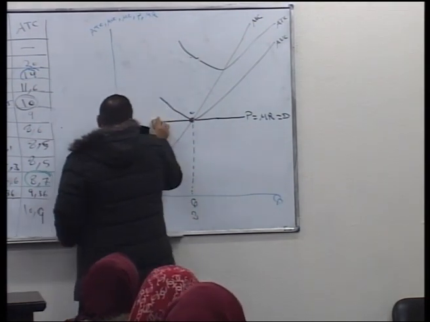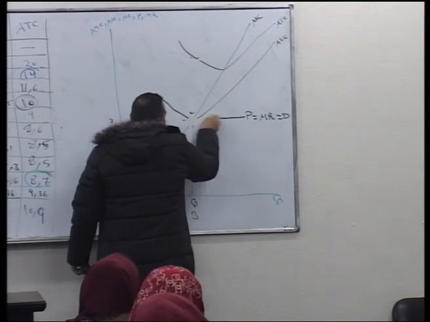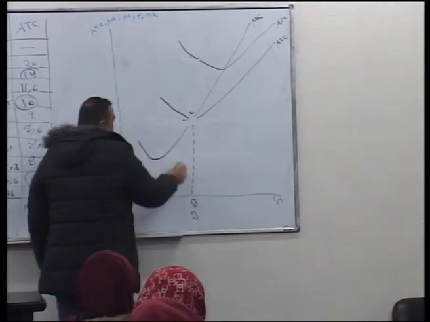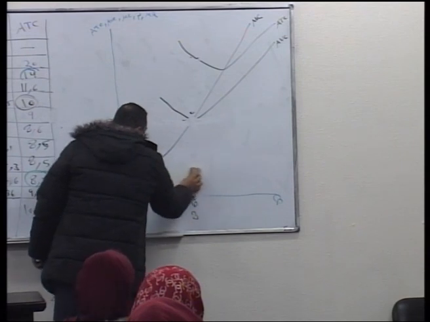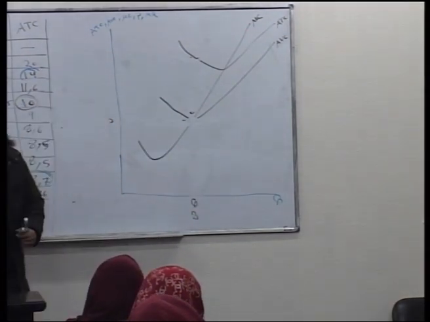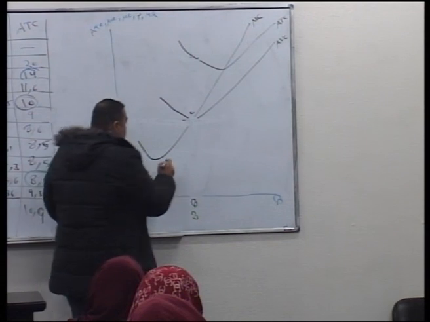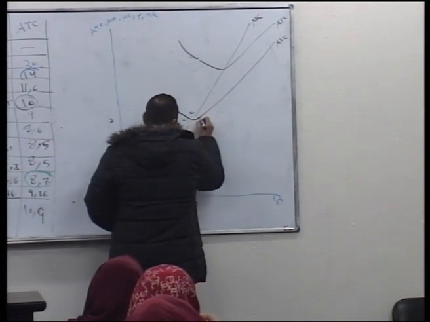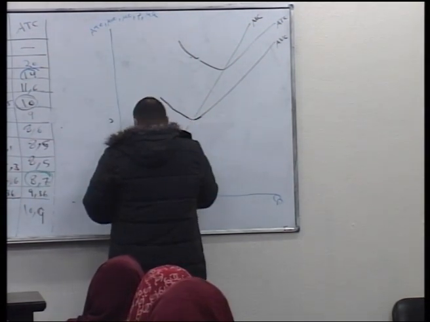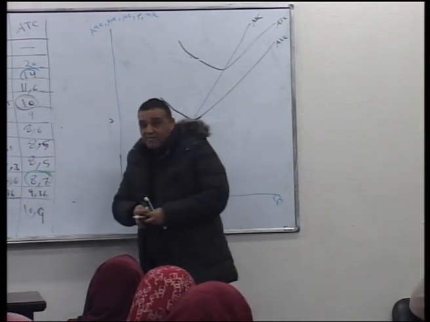If the price was like this. Let us assume that the price was below AVC. The last case: here is the AVC, and the price was below AVC.